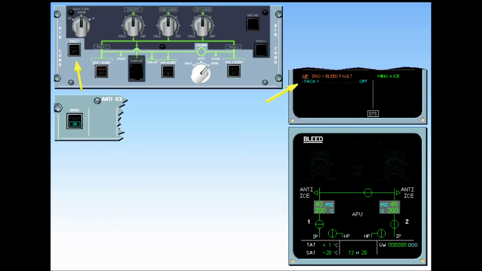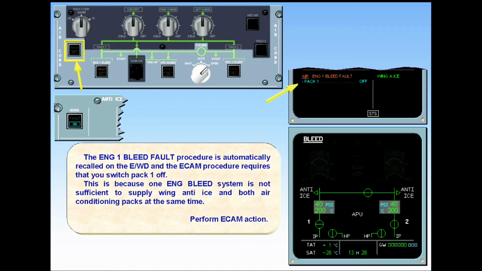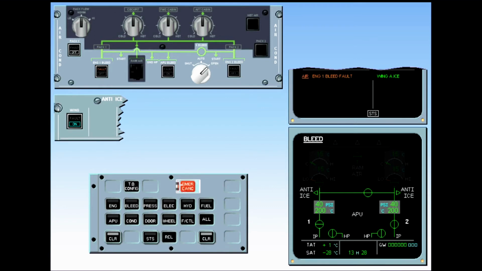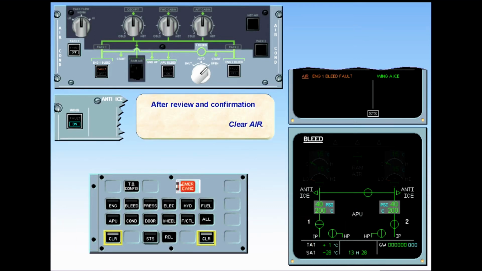This is because one engine bleed system is not sufficient to supply wing anti-ice and both air conditioning packs at the same time. Perform ECAM action. After review and confirmation, clear air.